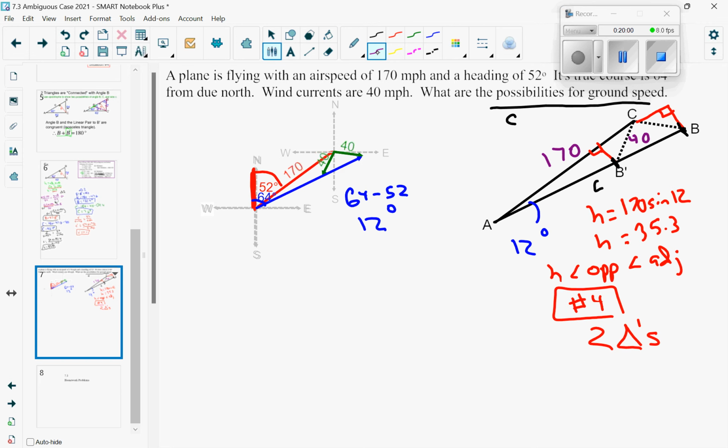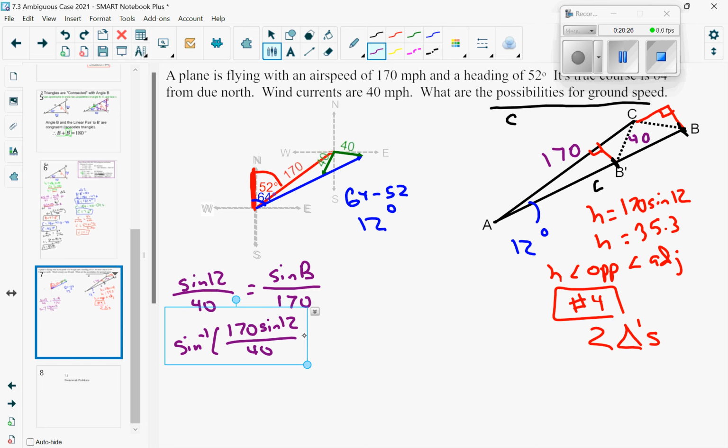Obviously, we can find B right away in triangle 1. So I would get sine of 12 over 40 equals sine of B over 170. Multiply both sides by 170. Inverse sine, so I can do sine to the inverse of 170 sine of 12 all over 40.